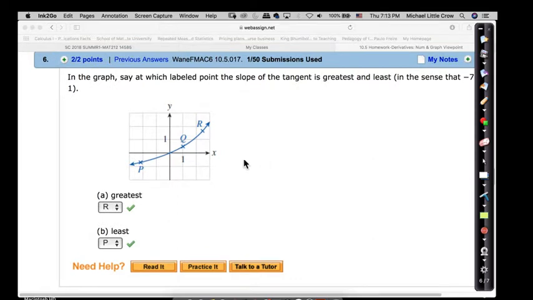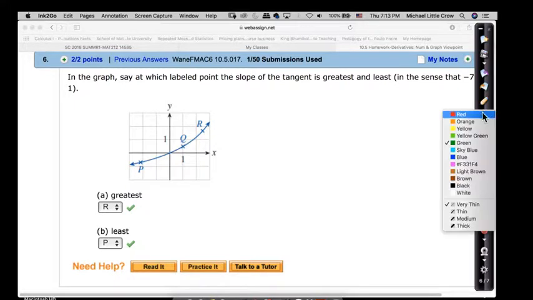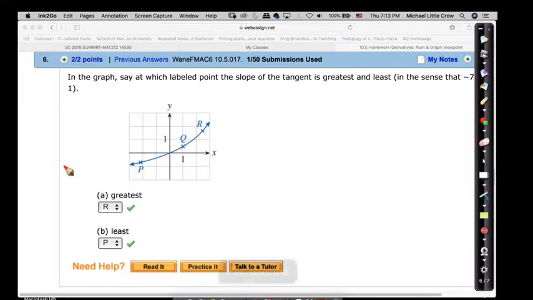This is one I've already done, but what you've got to do here is just kind of like finding the slope. What you're doing is you're just imagining a line that would go through each of those points. So this point P, its tangent line should probably go something like that.